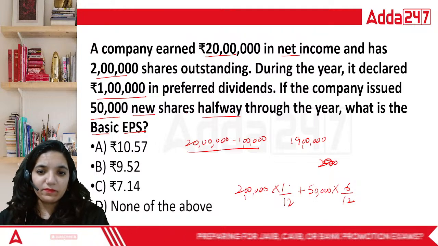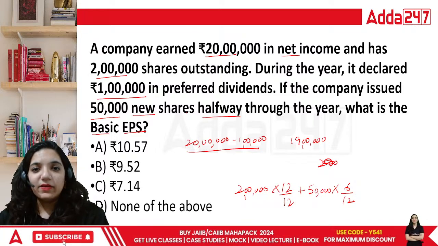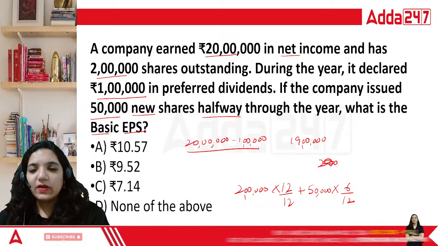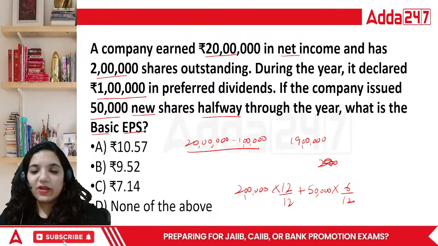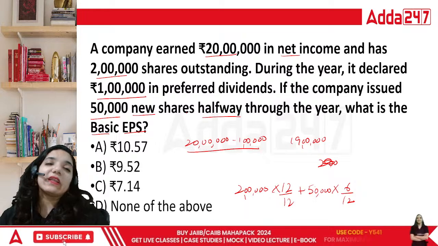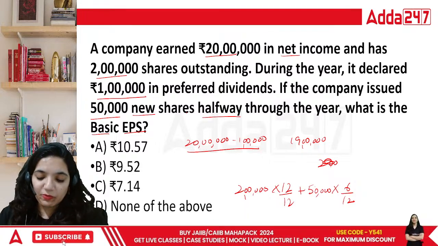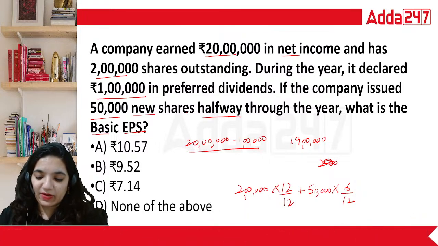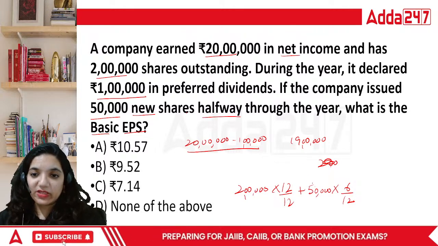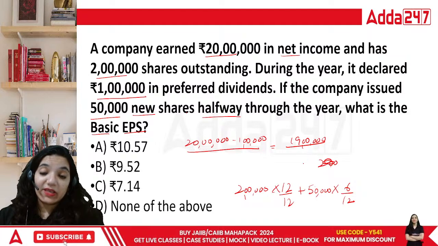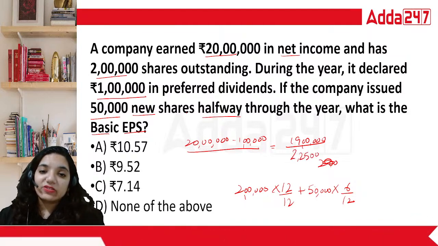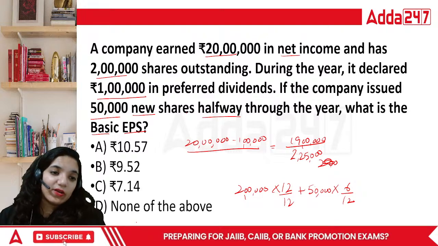Done, everyone? So in this case, what's the number of equity shares that we have to take up? 2 lakh into 12 by 12. So the entire year 2 lakh shares were there. But what about the 50,000 into 6 divided by 12? That means 25,000. This makes 19 lakh the amount available for equity, where there are 2 lakh 25,000 shares.